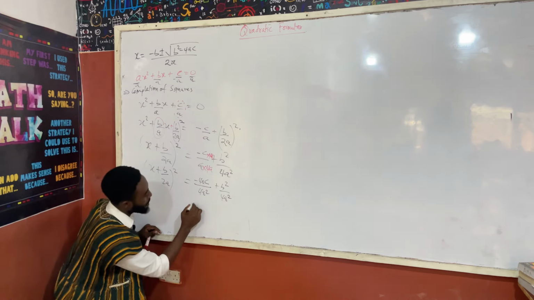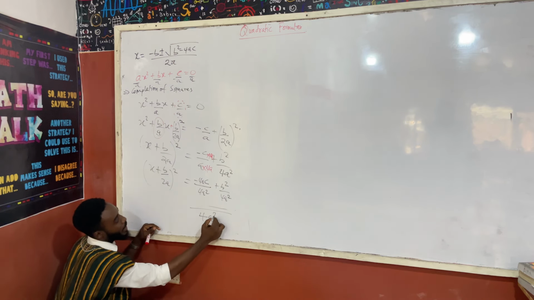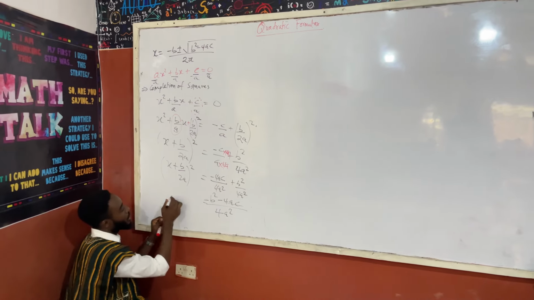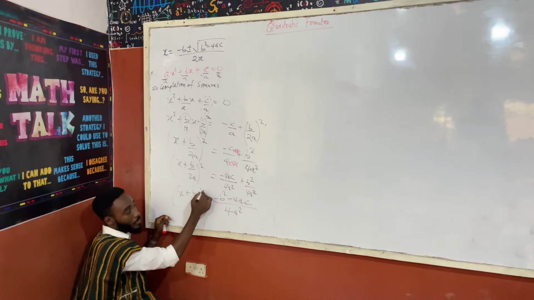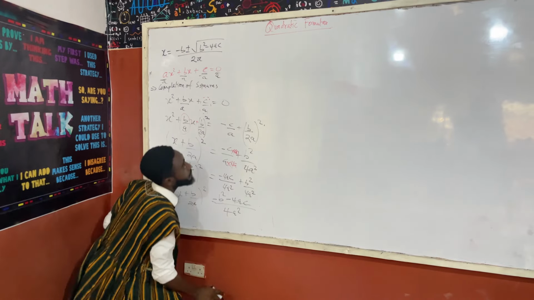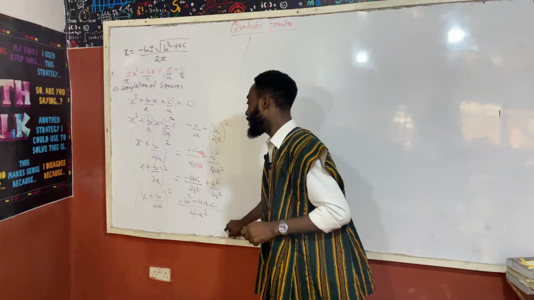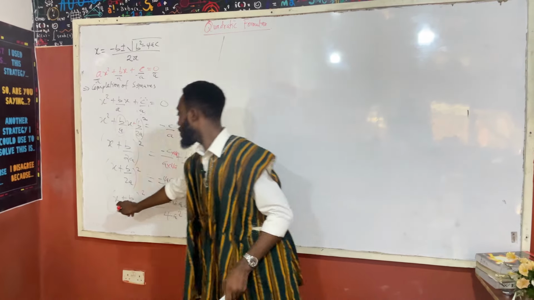So here I would have the LCM to be 4a squared. It will be b squared minus 4ac all over 4a squared, equals x plus b over 2a all squared. So continuing, I find the square root of both sides.